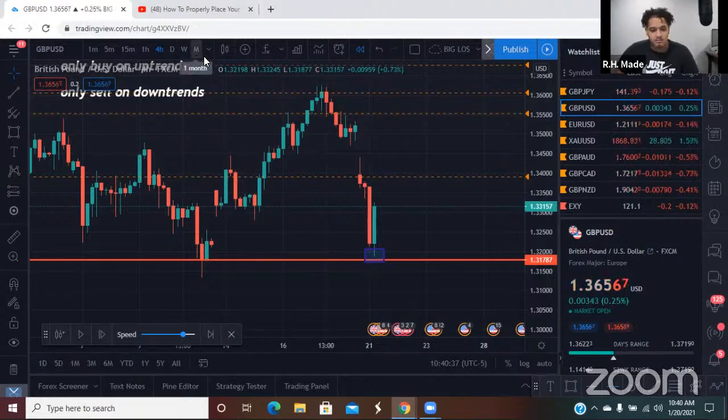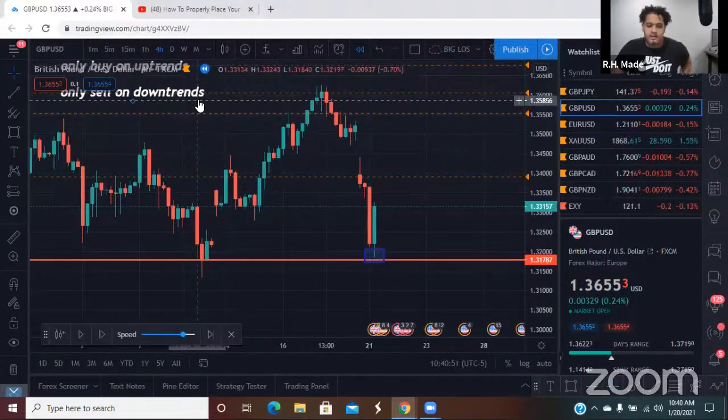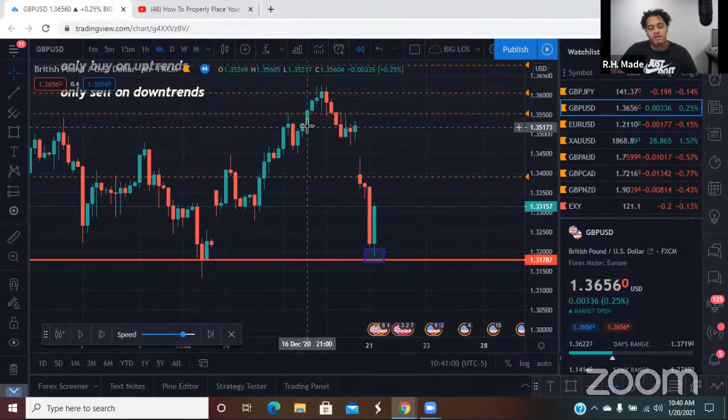If you find your take profit on the monthly, it's going to be a whole lot longer. You can probably be holding that trade for a month or two, maybe three, maybe half the year, who knows. If you find your take profit on the hour, you can be looking at a couple hours, maybe a day or two. So the higher the time frame, the bigger the pips, but the longer it's going to take.